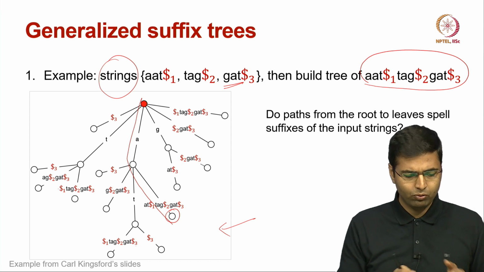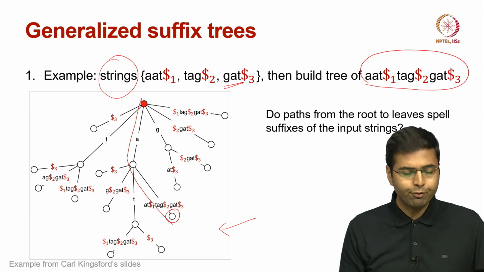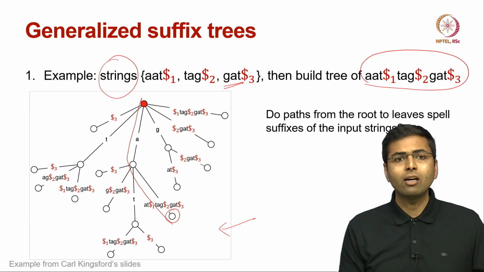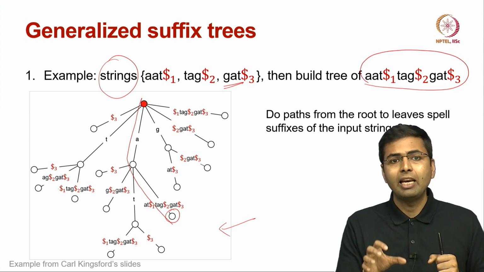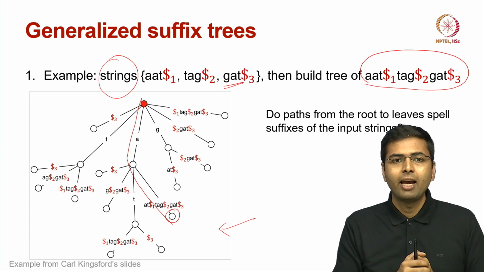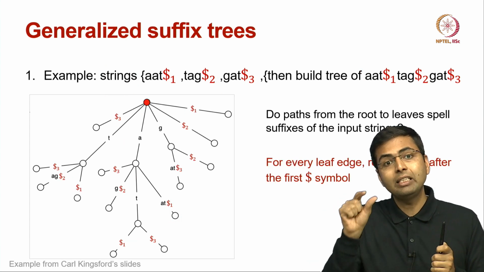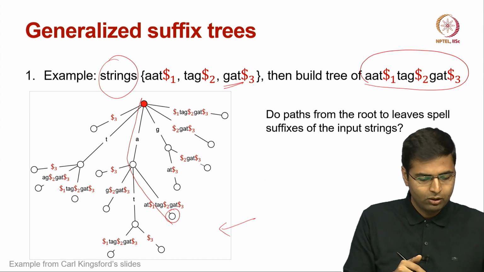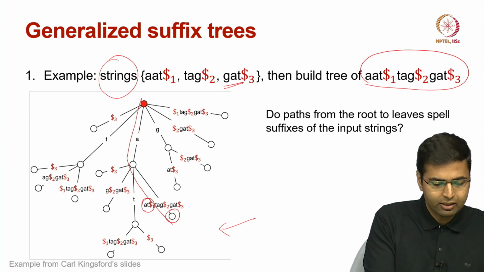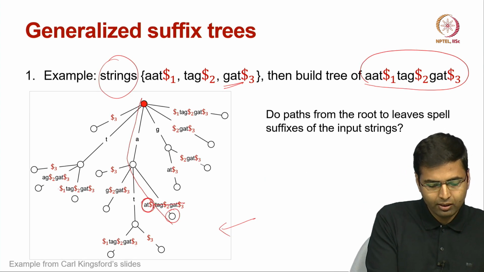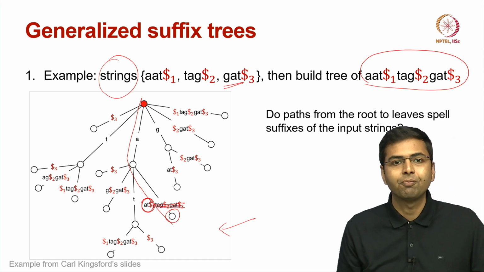So, I have to do some cleaning here, and that is very easy. All I have to do is look at all the labels of the leaf edges and remove the text after I see the first dollar symbol. As soon as I see the first dollar symbol, I am going to remove the remaining text.